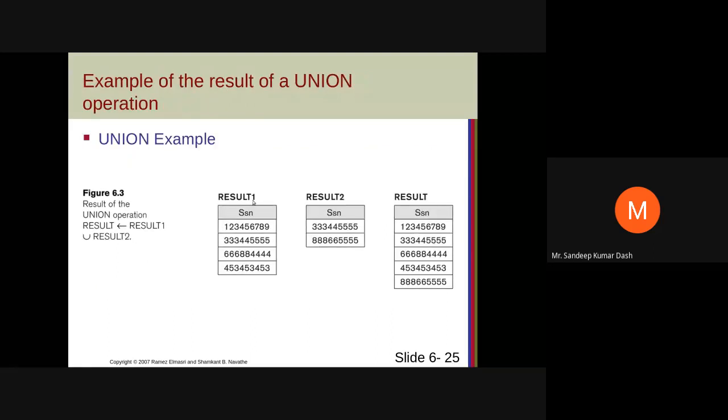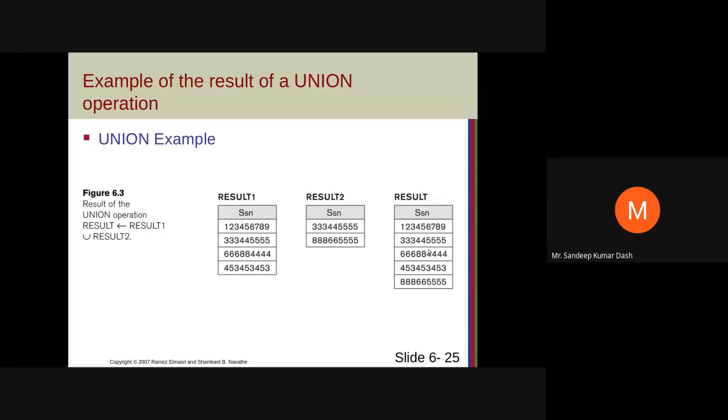Okay, you see here. Result 1 was having 4 rows. Result 2 was having 2 rows. And you combine, it will be having 6 rows. But here there are only 5. Why? Because it eliminates the common row. Common row is this one. Okay, so 1 2 3 4 5.